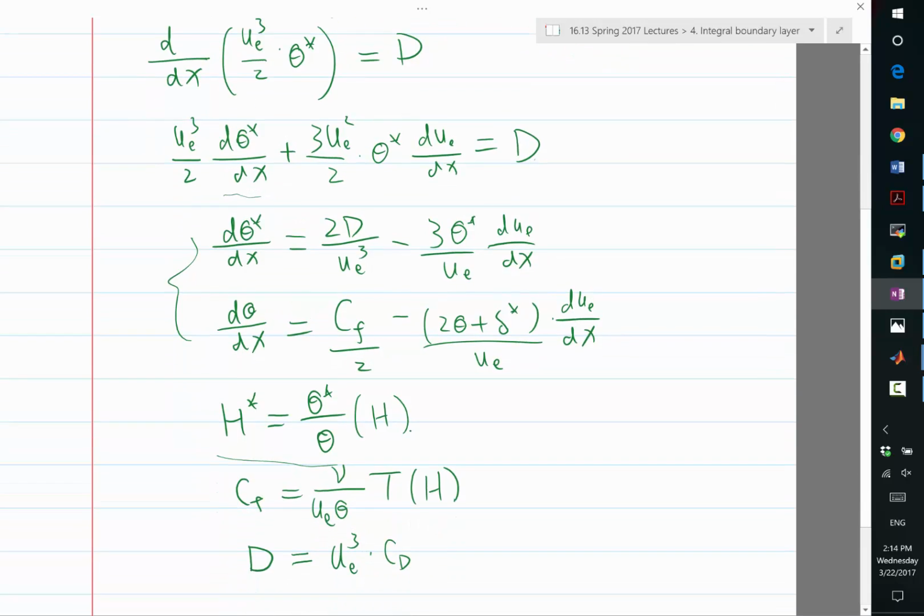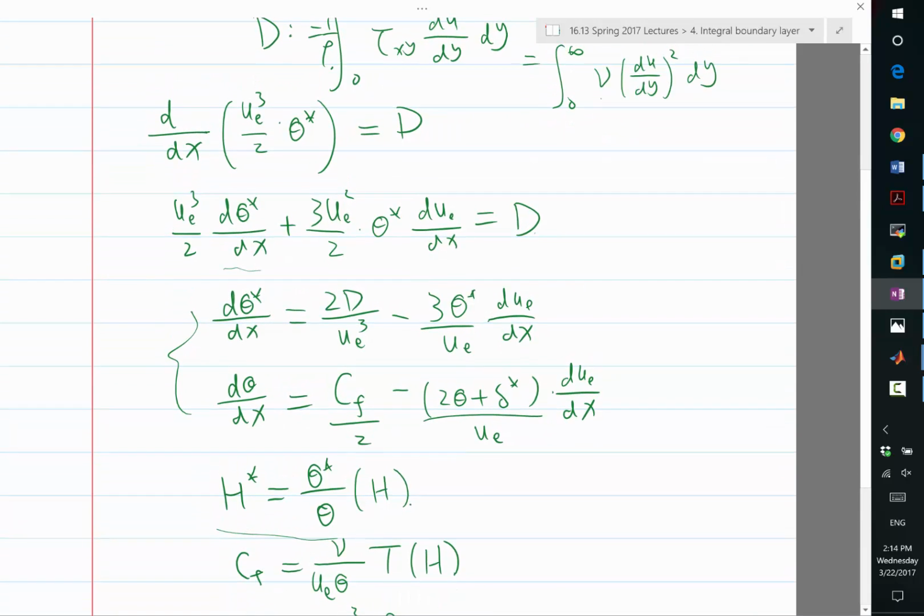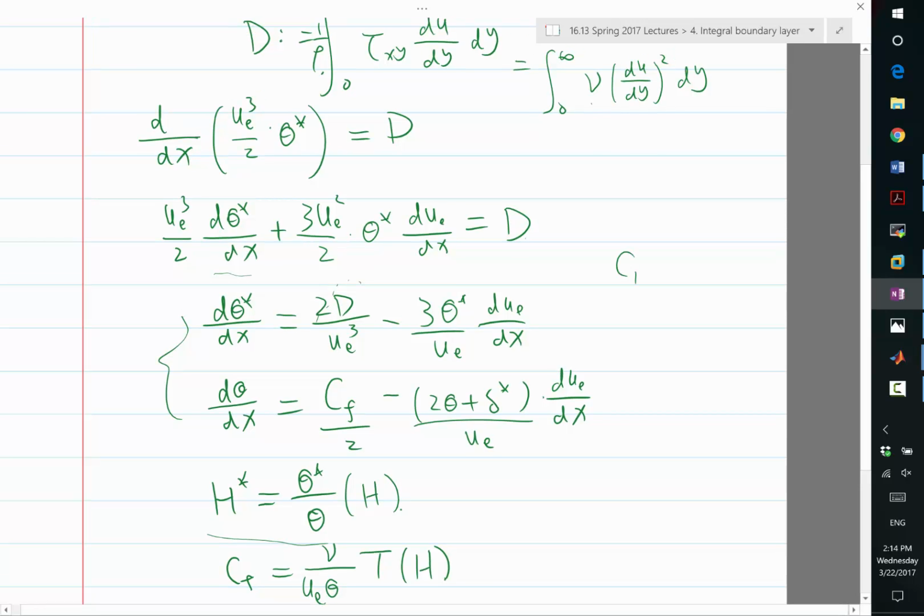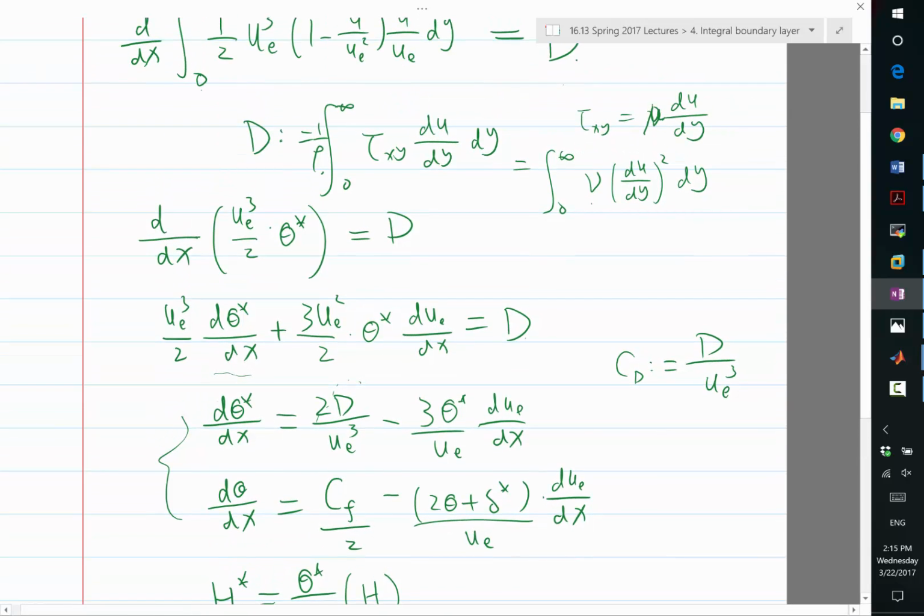CD is defined as D over ue to the cube. So let's take a look at the dimensions to make sure we are actually doing the right thing. So nu has dimension L squared over T, right?